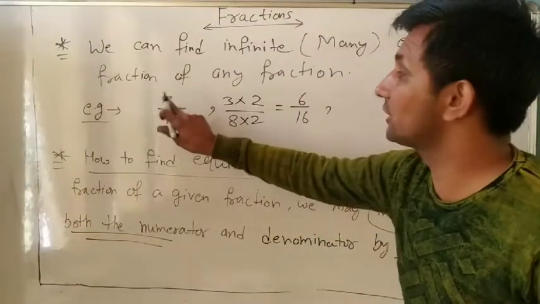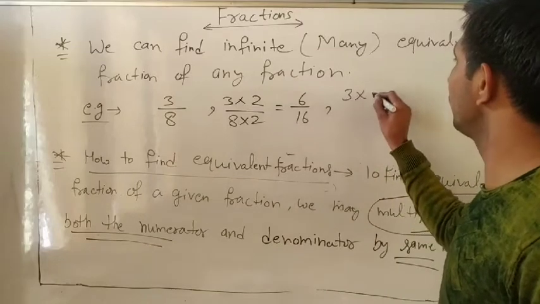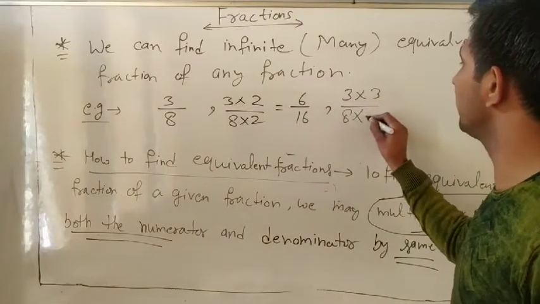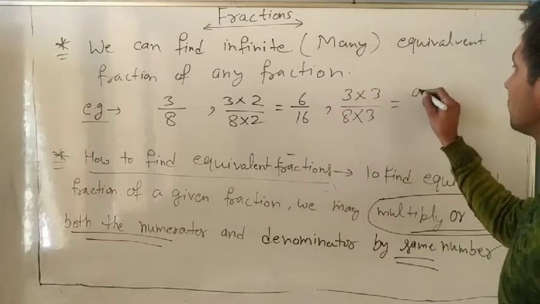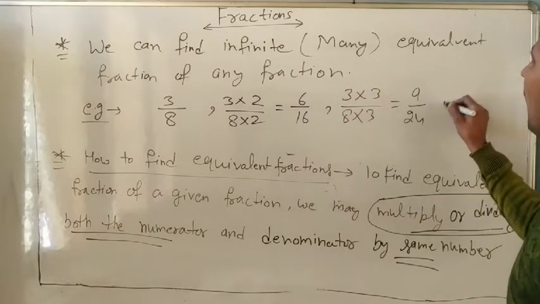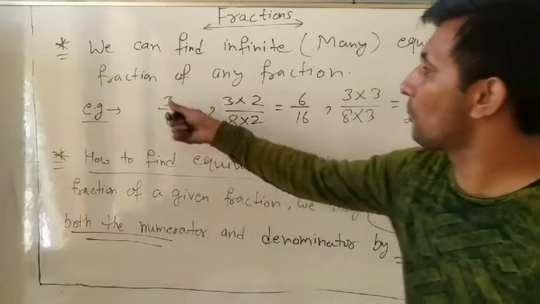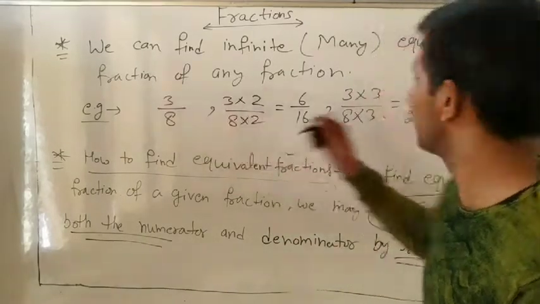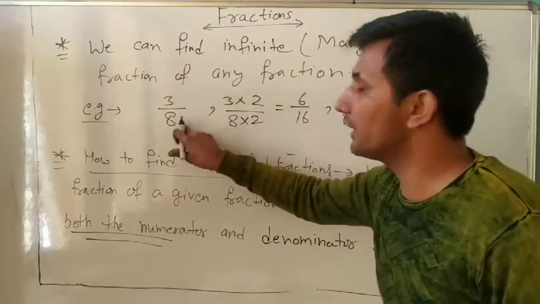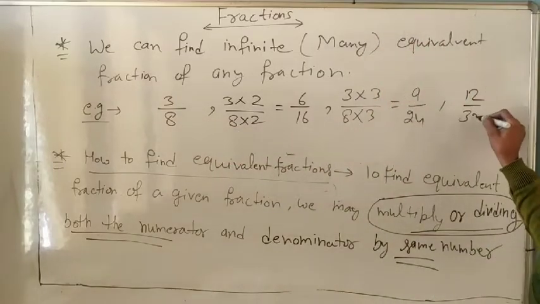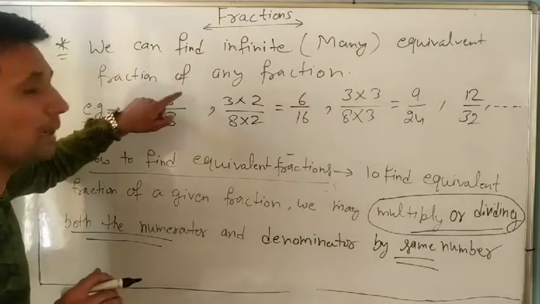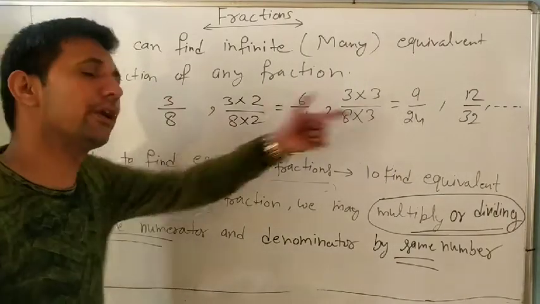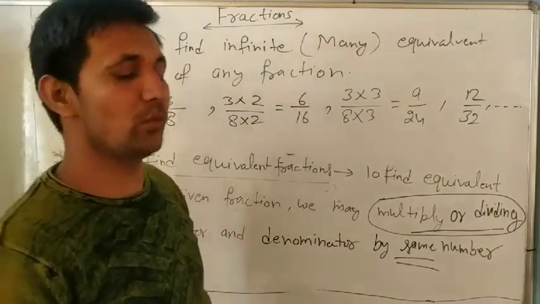Now multiply both numerator and denominator by 3: 3 threes are 9, 8 threes are 24. Now multiply by 4: 3 times 4 is 12, 8 times 4 is 32. Like this we can find infinite. Next, multiply 3 by 100 and 8 by 100. So we can find infinite equivalent fractions.